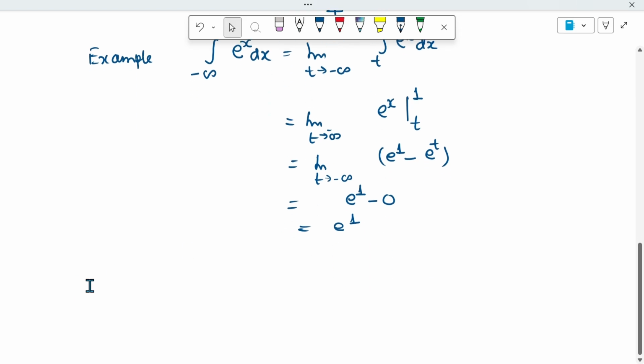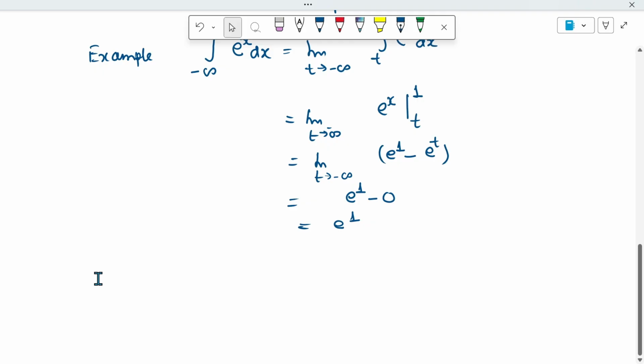Now we will discuss another example. In this case, the lower limit is minus infinity and the higher limit is infinity. Now we will take the function as 1 upon 1 plus x square dx.